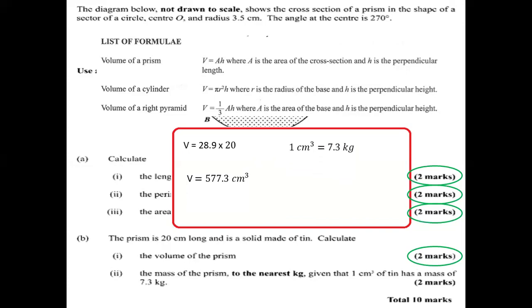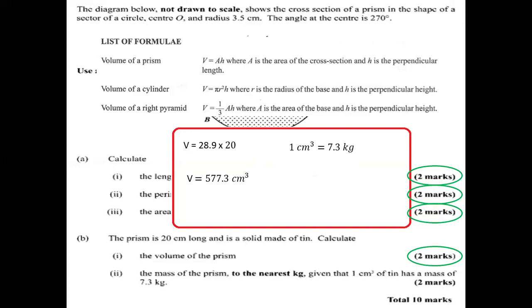And that covers that. And then part 2 of B is asking for the mass of the prism to the nearest kilogram, given that 1 centimeter cube of tin has a mass of 7.3 kilograms. So 1 centimeter cube is 7.3 kilograms of tin, right?